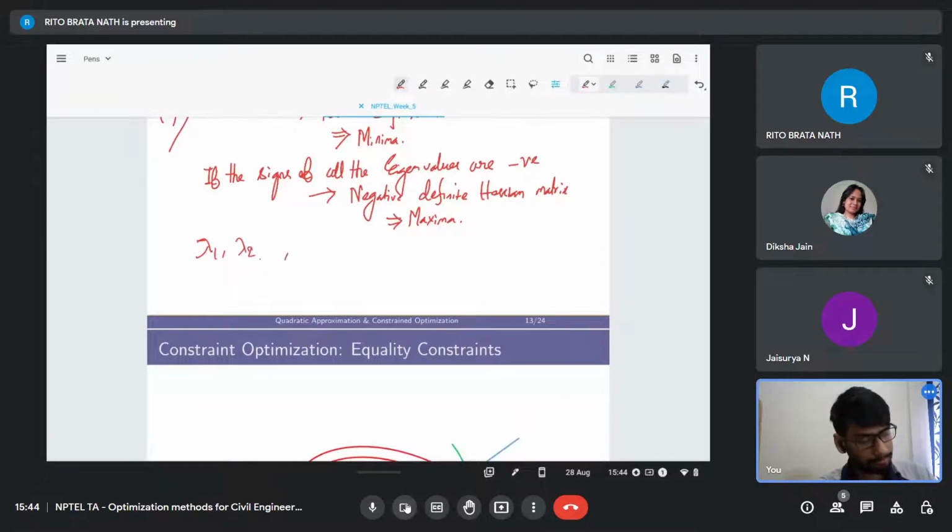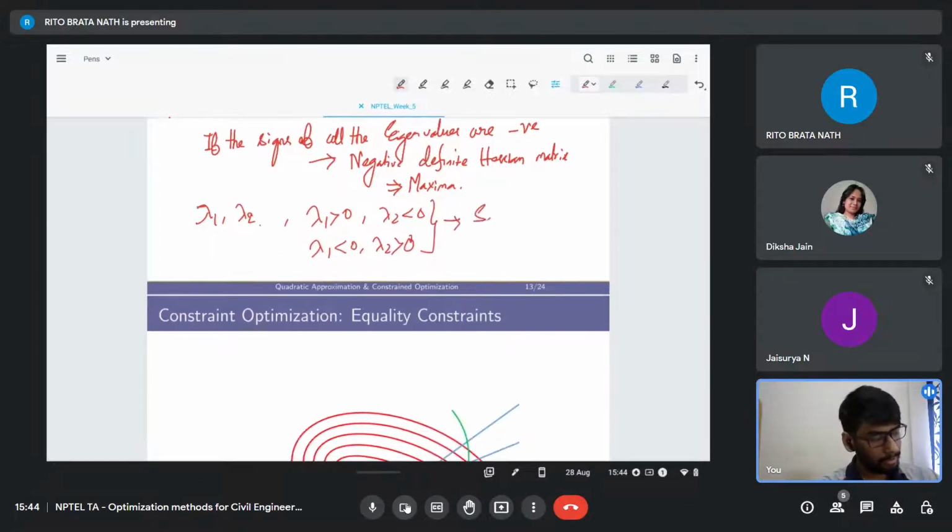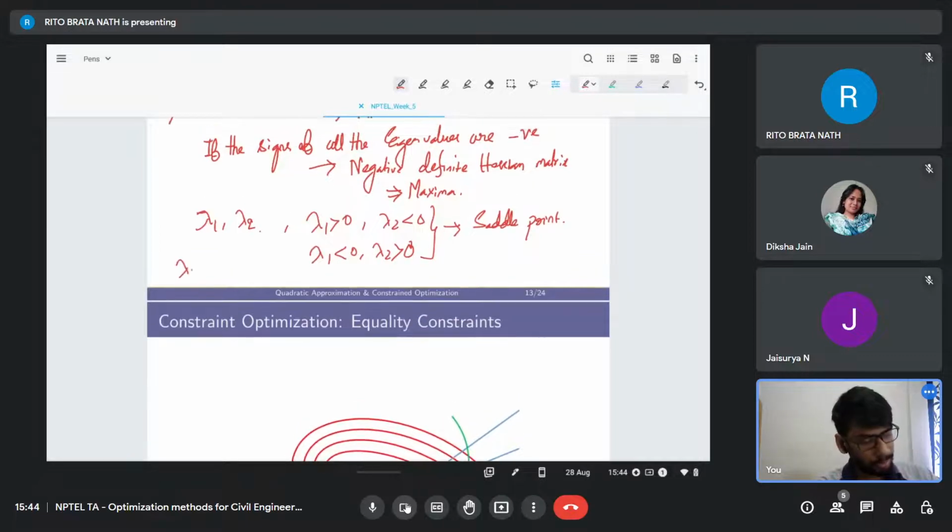Suppose one of them is greater than 0 and the other is less than 0. Then you have a saddle point. But if one of them is 0, for example lambda 2 is 0, then no conclusion can be drawn.